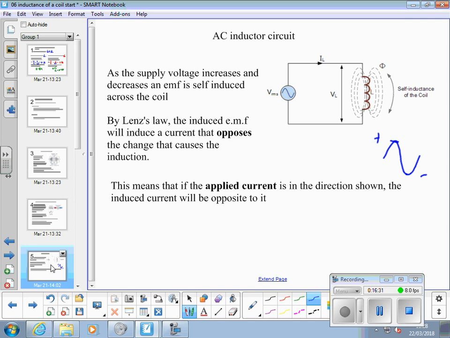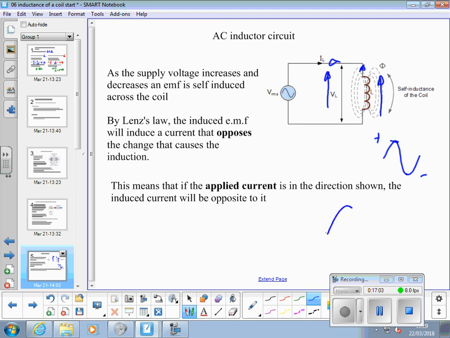And if we're applying a voltage in one direction, the induced voltage tries to force current back the other way. That's Lenz's law. So effectively, there's more resistance to the flow.